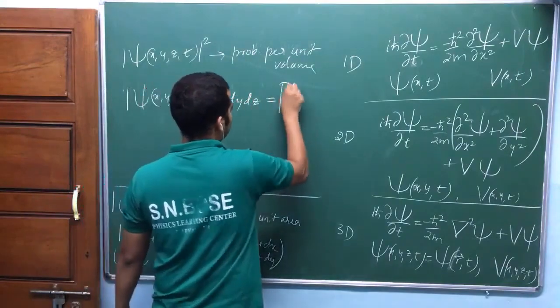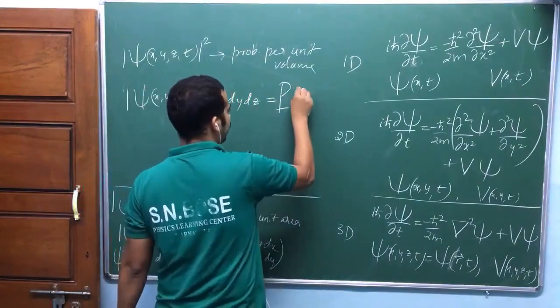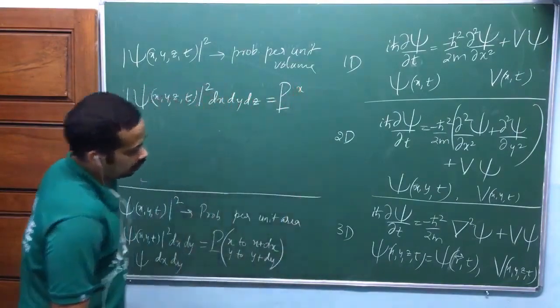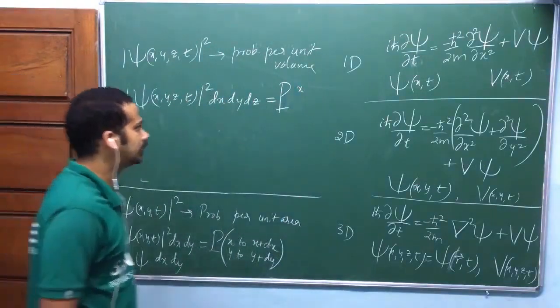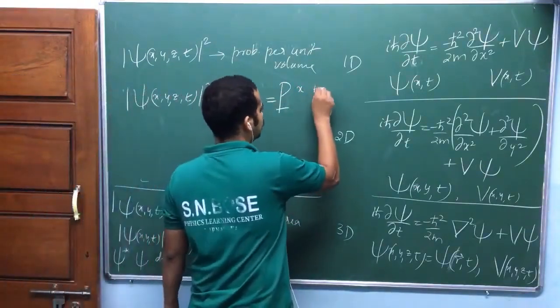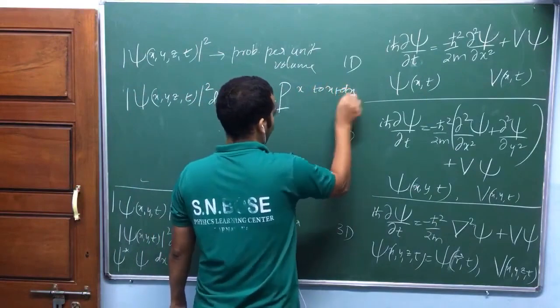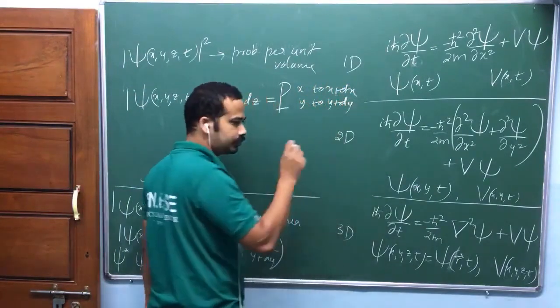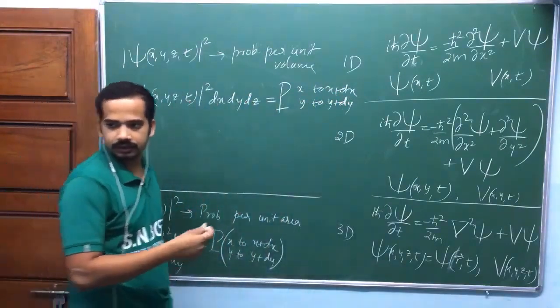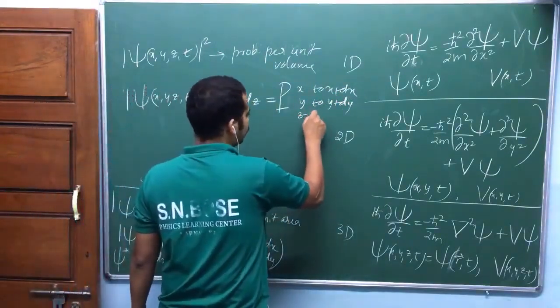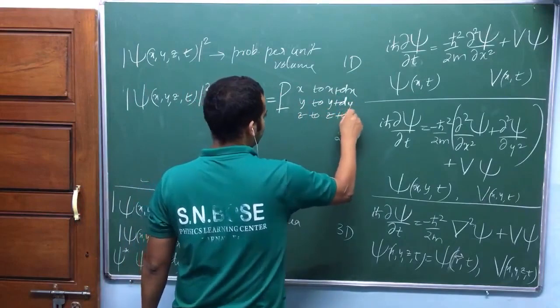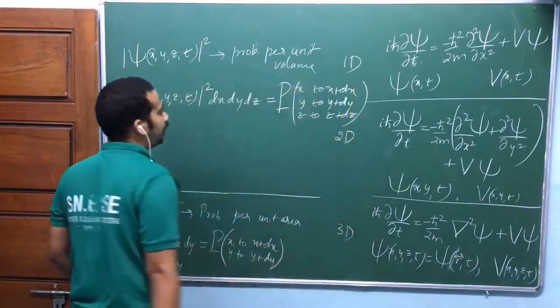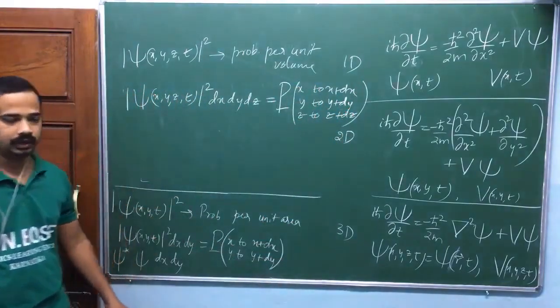So this, I'll write symbolically, is the probability of finding the particle so that its x coordinate is x to x plus dx, y coordinate y to y plus dy. Because in case of 3 dimension, we should talk about all three coordinates, isn't it? Z coordinate ranges from z to z plus dz. Or the probability of finding the particle in this small volume, you can say like that.